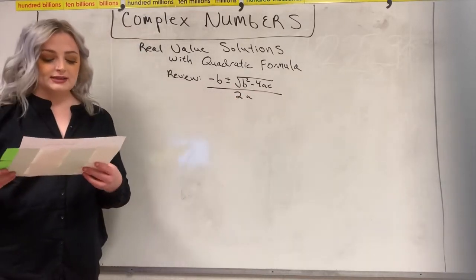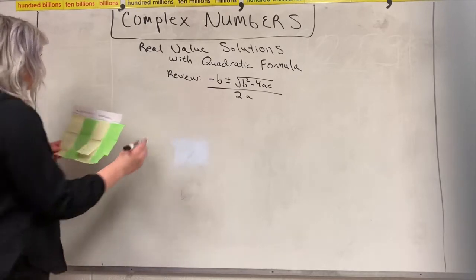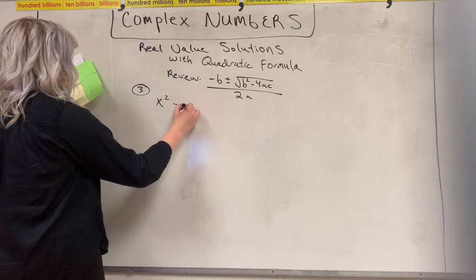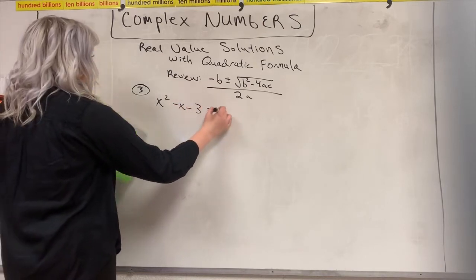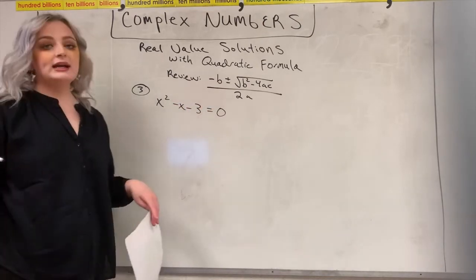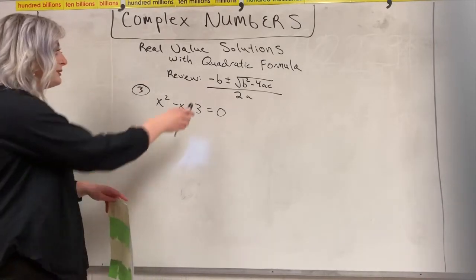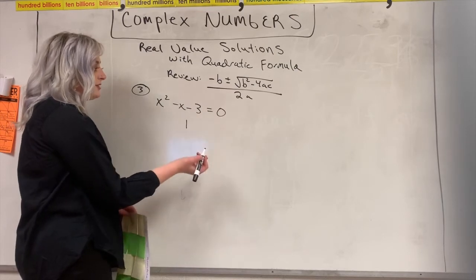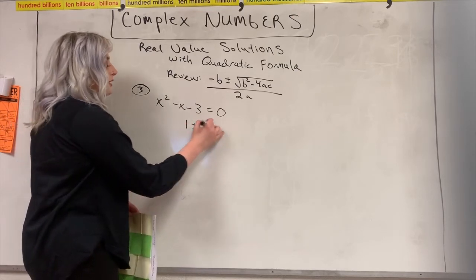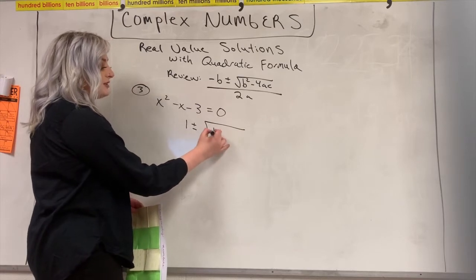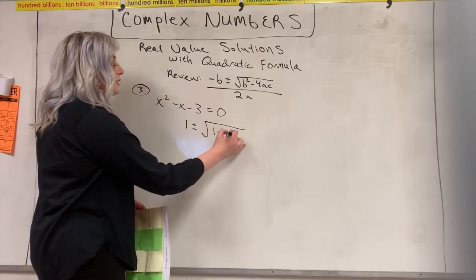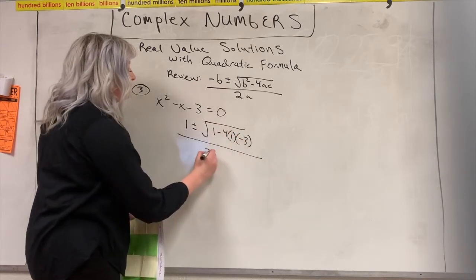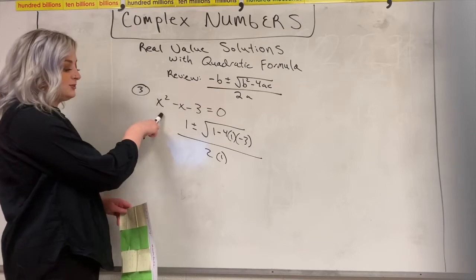Okay, so one example using the quadratic formula, we're going to call this example 3, and it's x squared minus x minus 3. Okay, so we can't easily factor this, and so we're going to use the quadratic formula. And so negative b is going to be negative negative 1, which is 1, plus or minus the square root of negative 1 squared, which is 1, minus 4 times 1 times negative 3, all over 2 times a, which is 1.